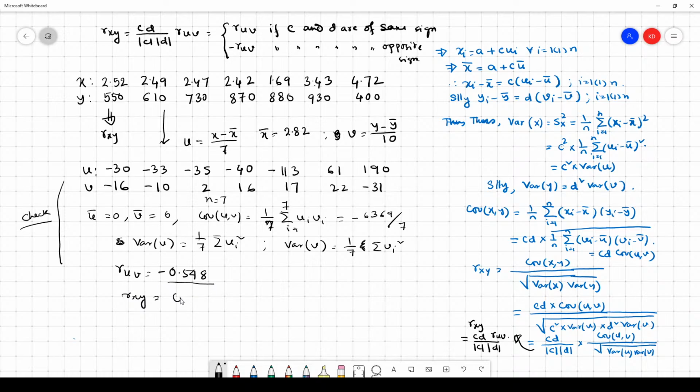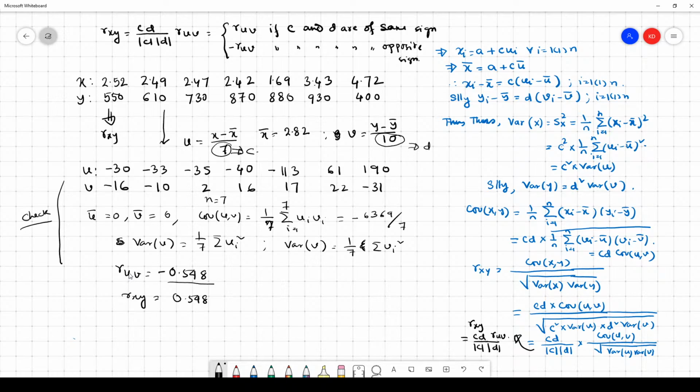So it should be 0.548, and the sign depends on the sign of C and D. Here C is 7, which is positive, and D is also positive, that is 10.